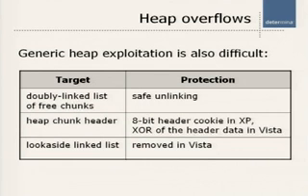So what this means for us is that we cannot exploit generic heap overflows by attacking the heap allocator, because the heap allocator has been hardened to a level where, in the generic case, there is nothing that you can do with it.